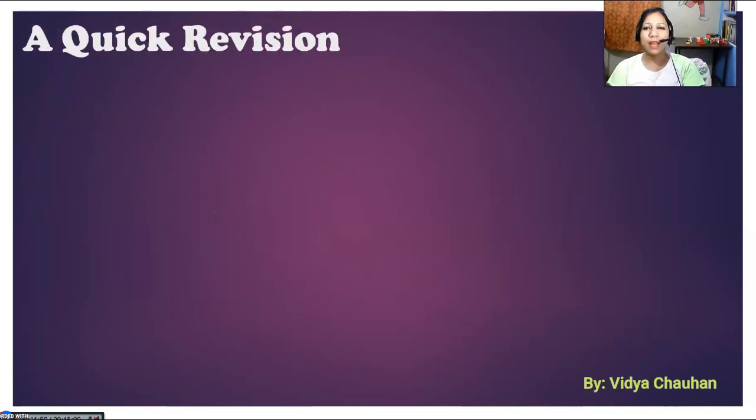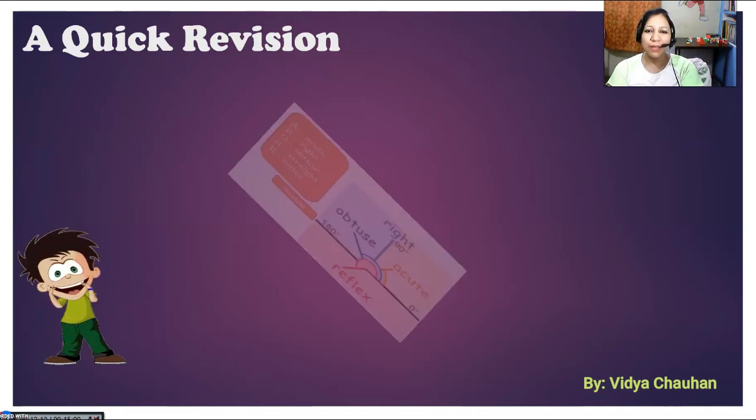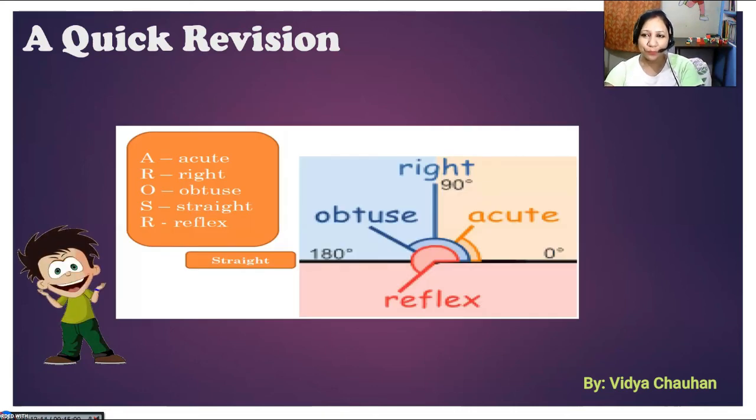Now let's have a quick revision of all the different types of angles we have discussed: 0 degree, acute angle, right angle, obtuse angle, straight angle, reflex angle, complete angle. In a combined format, if we want to represent all these angles, you can represent them in this format. Here the black line is the starting point, this is 0 degrees.